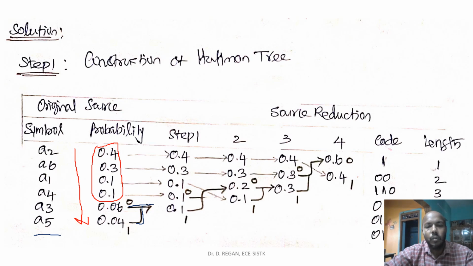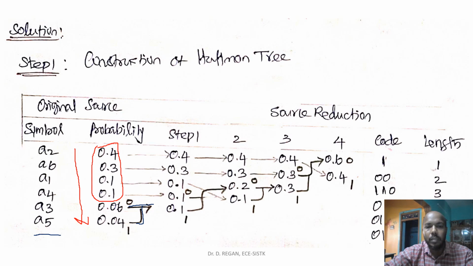Our second step, as discussed in the procedure, is to add the last 2 symbols. So now I am adding the last 2 symbols, 0.1 and 0.1, and I get 0.2.